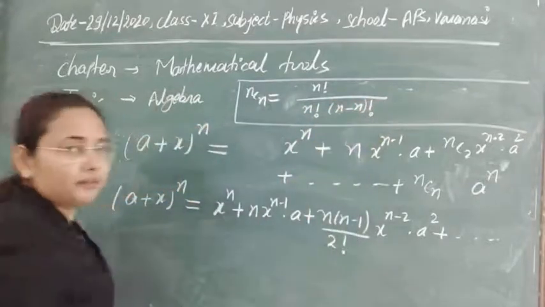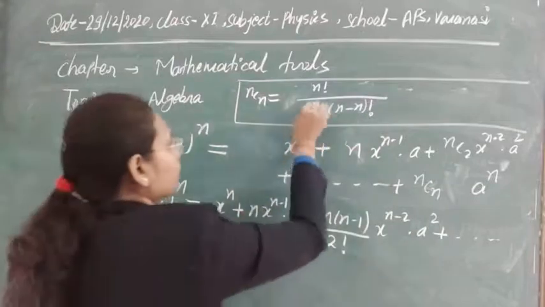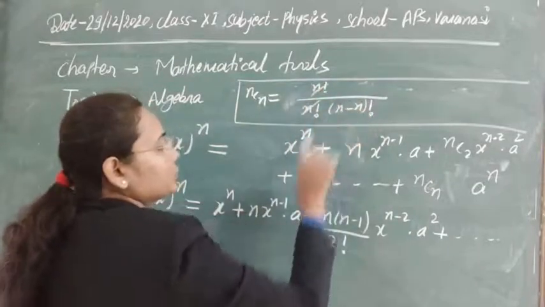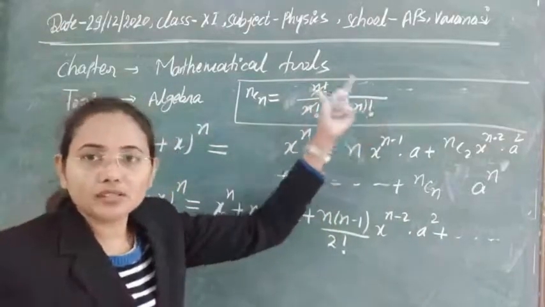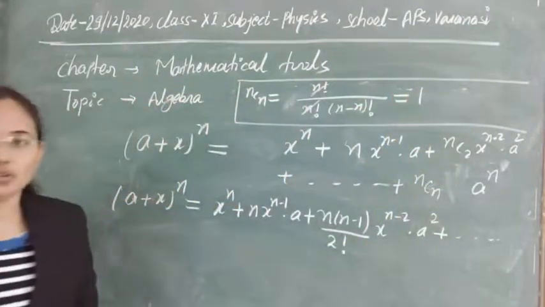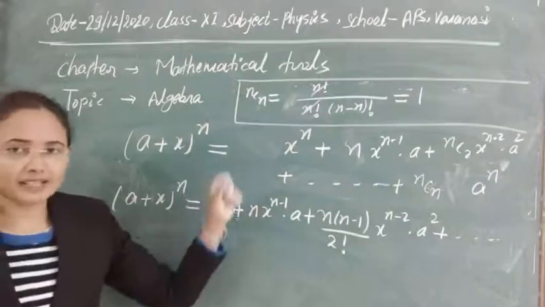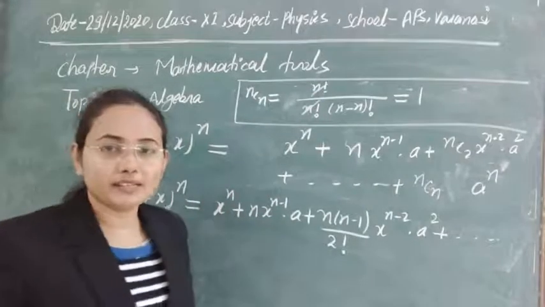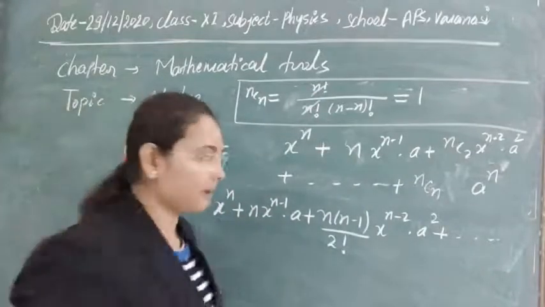This will cancel out, you will get factorial 0 here, and the value of factorial 0 is 1. So the value of nCn is also equal to 1. The value of nC0 equals the value of nCn, which is equal to 1.